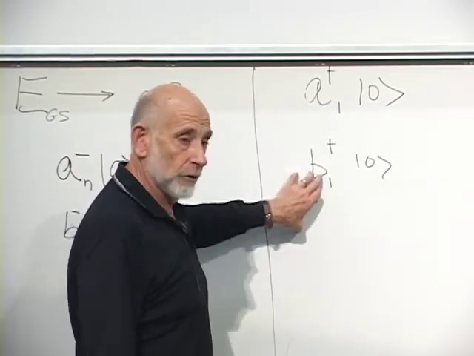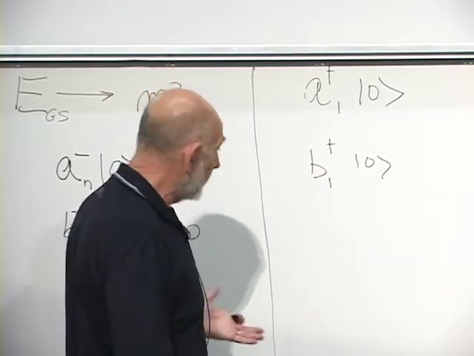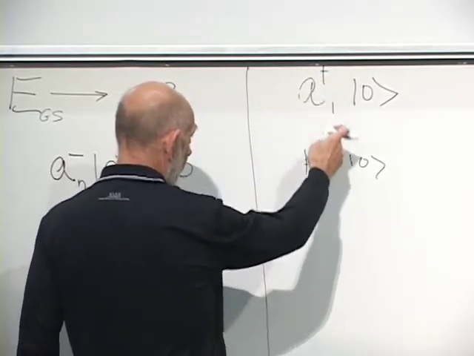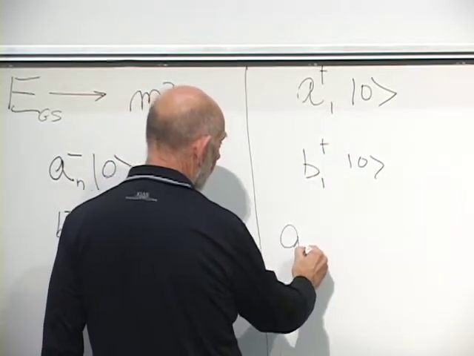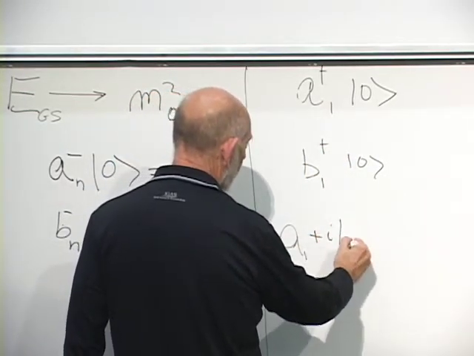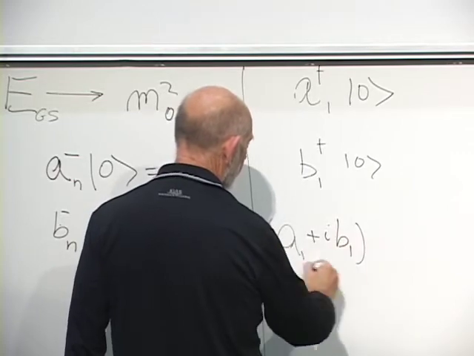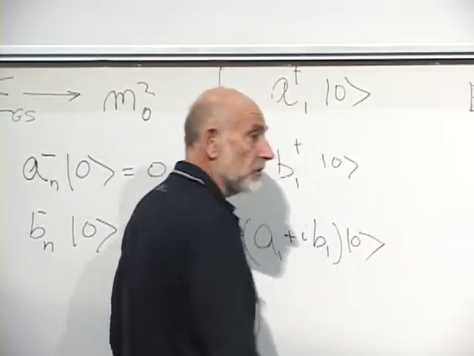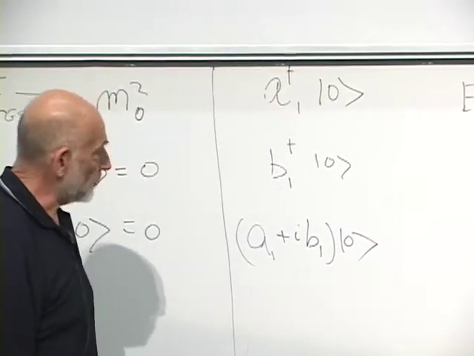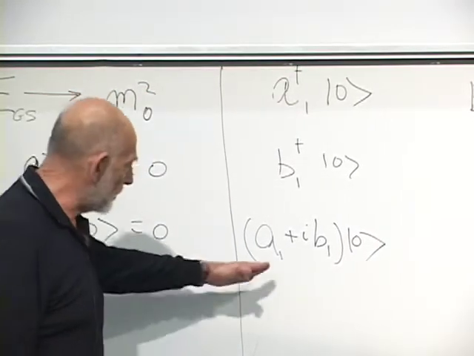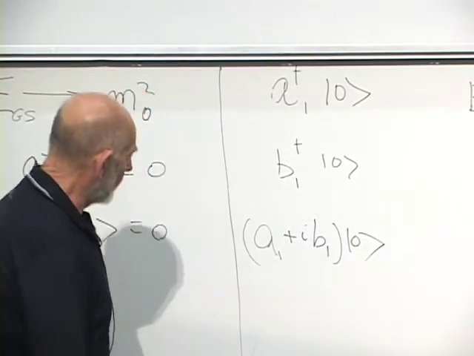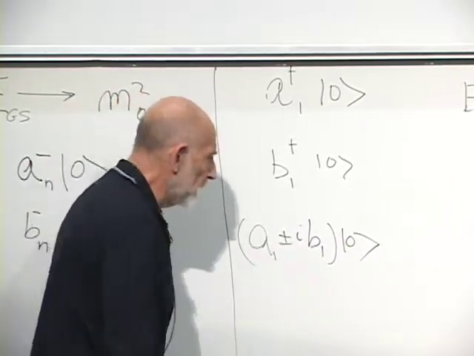Can we turn it into a circular polarization? Yes, we can. Instead of taking A1 or B1, we take A1 plus iB1, and that's a circularly polarized something. It's a string which has the properties of a circularly polarized particle. And of course, we can put a minus there.